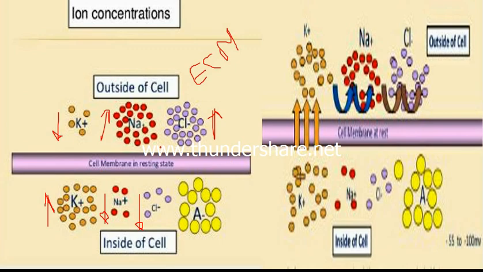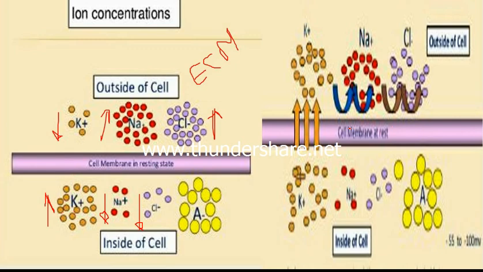So if you want to remember it easily, you should remember these ions. Two ions, sodium and chloride, are high on the outside. When they are high on the outside, on the inside they will be less, and potassium is low on the outside. So if it is low on the outside, on the inside it will be at a high level.